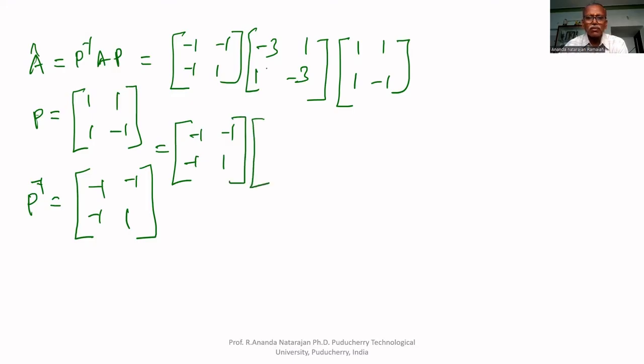Multiplying A and P: first row, first column, minus 3 plus 1, minus 2. First row, second column, minus 3 minus 1, minus 4. Second row, first column, 1 minus 3, minus 2. Second row, second column, 1 plus 3, plus 4.